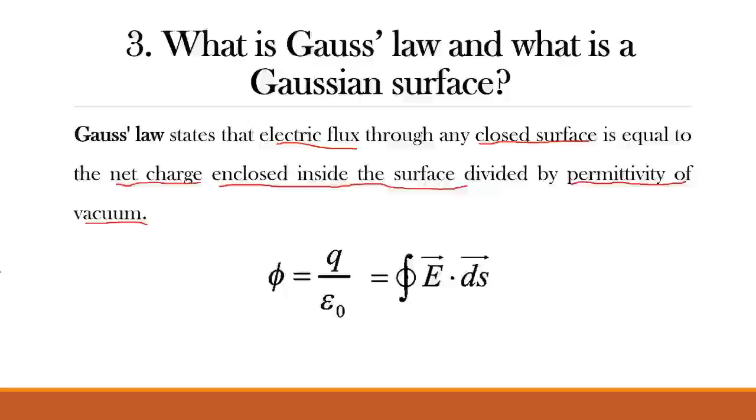In mathematical form, phi equal to q divided by epsilon naught equal to closed integral E vector dot ds vector.